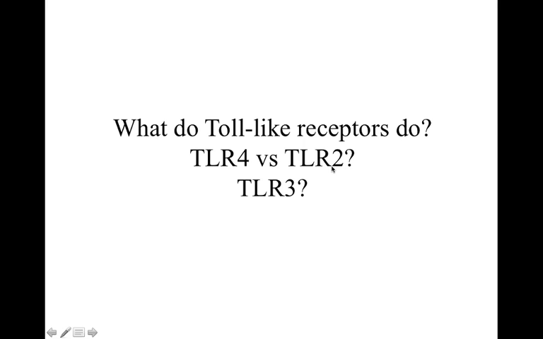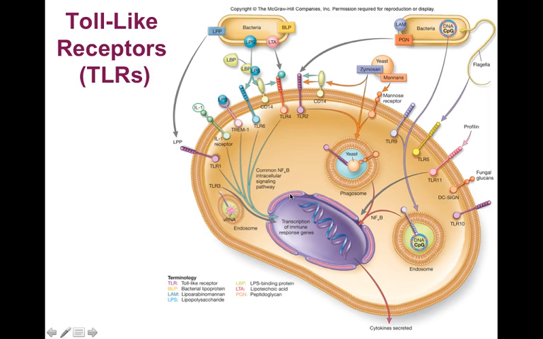And peptidoglycan is really thick. There's a thick layer of it on gram-positive bacteria. So you see an activation of TLR2 through gram-positive bacteria and an activation through TLR4 through gram-negative bacterial infection. TLR3 is important in response to viruses. Here I'm showing you some of the innate immune receptors, and there are many other ones than those three that I've talked about.